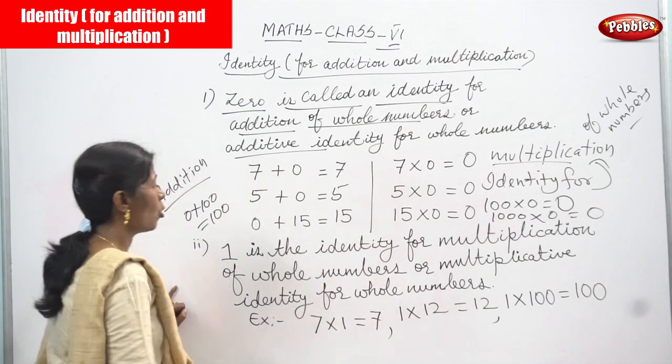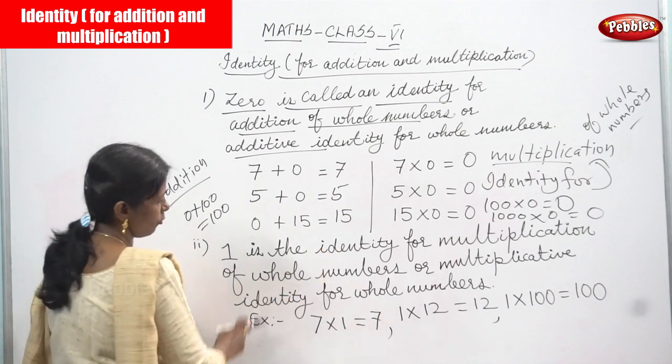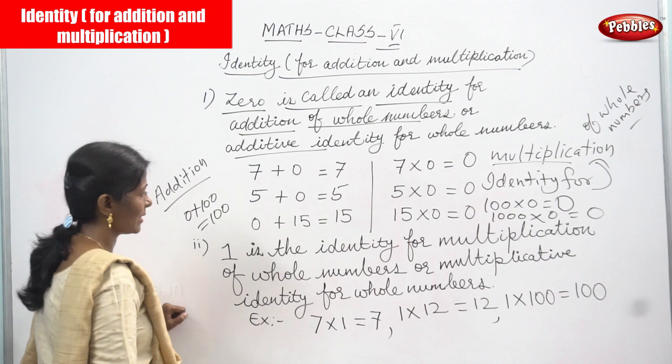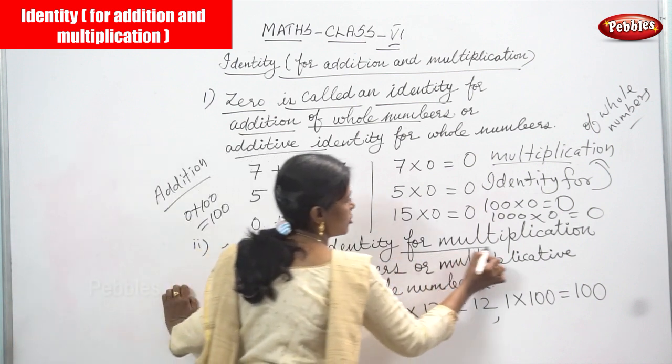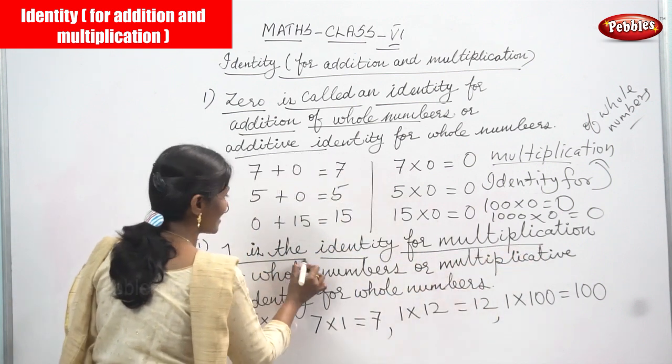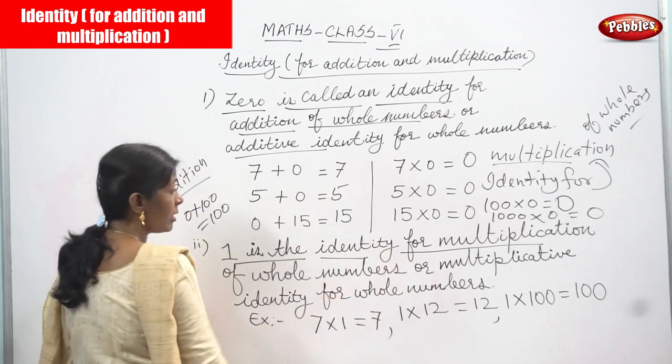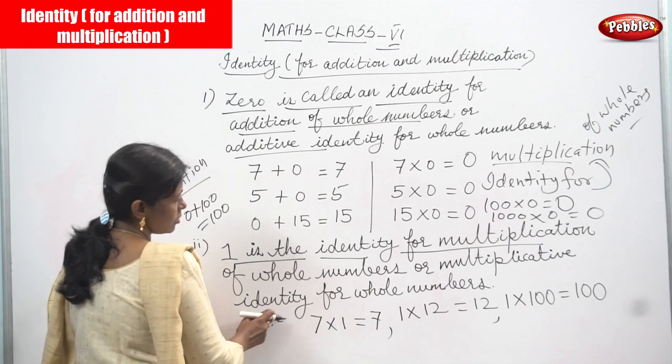The next one: 1 is the identity for multiplication of whole numbers, or the multiplicative identity for whole numbers.